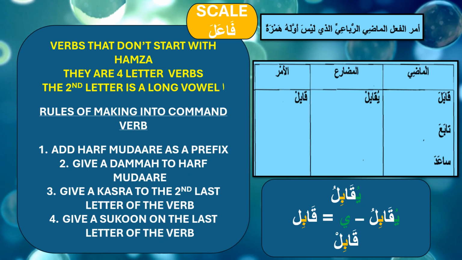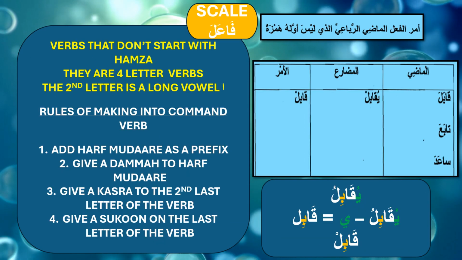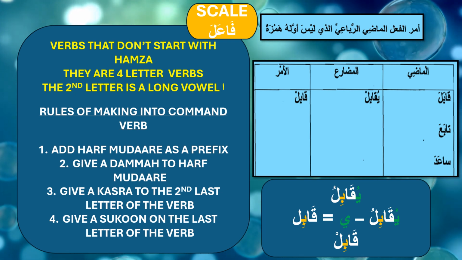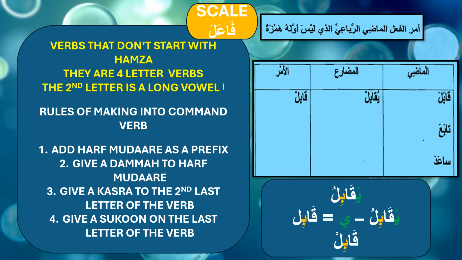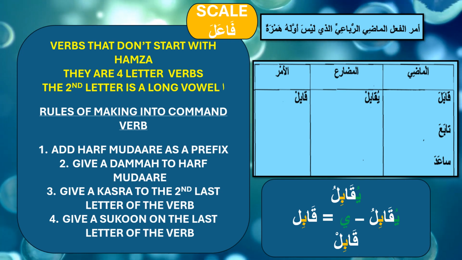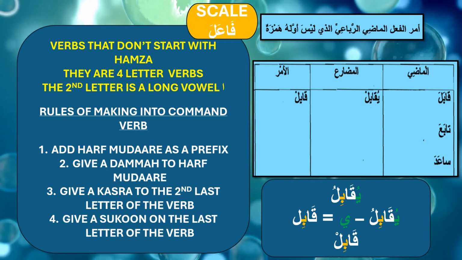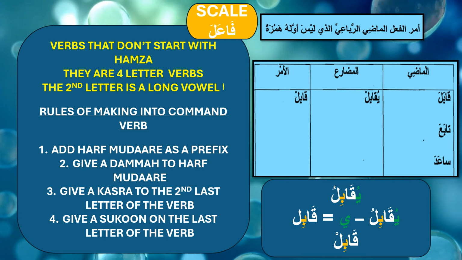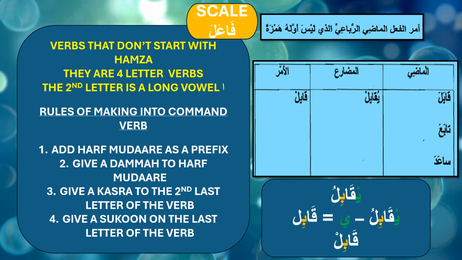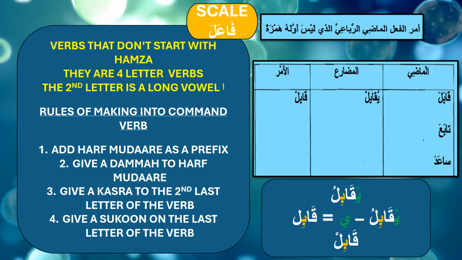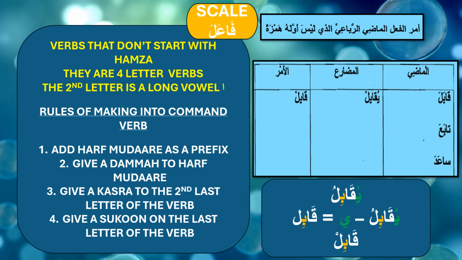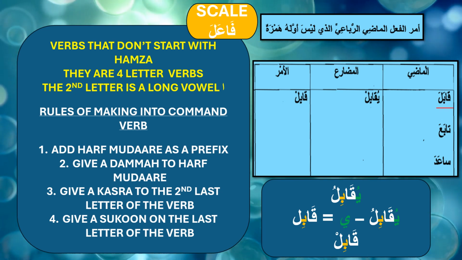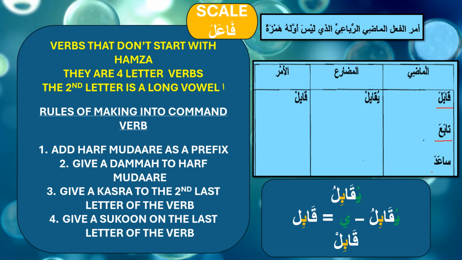There is another scale, fa'ala. So here we are dealing with 1, 2, 3, 4 letters. Fa'ala does not have a hamzatul wasl or a hamzatul qata in it. So let's see how we make command verbs from such kind of past tense. Now if you see here, we have qabala, taba'a, and sa'ada.